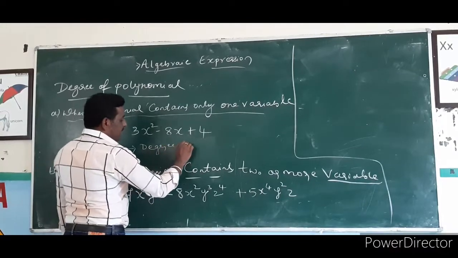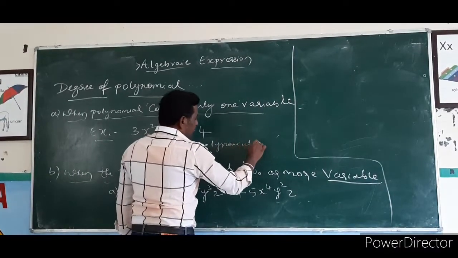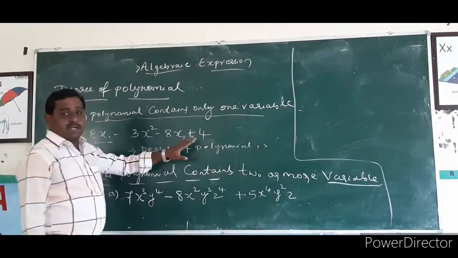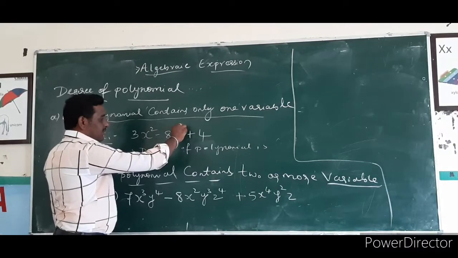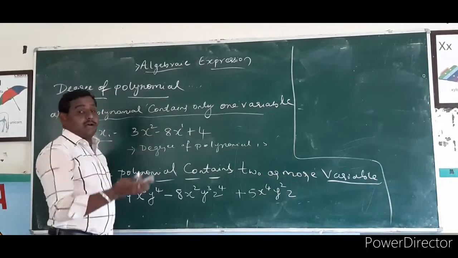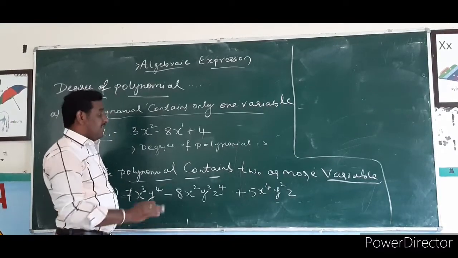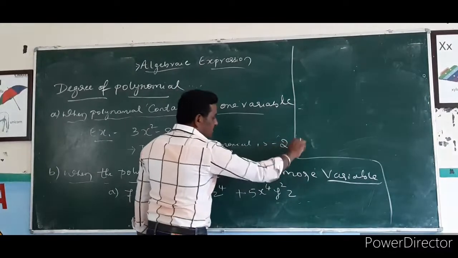Degree of polynomial is: check the power. If you consider this one, the power is 1, this one 2. Which is the highest power of the variable in one variable? That is 2. That means the degree of the polynomial is 2.